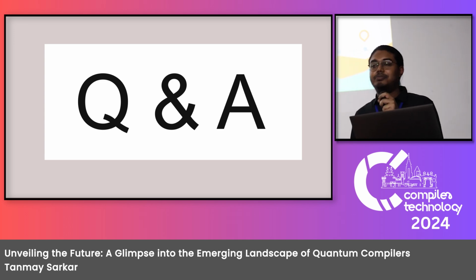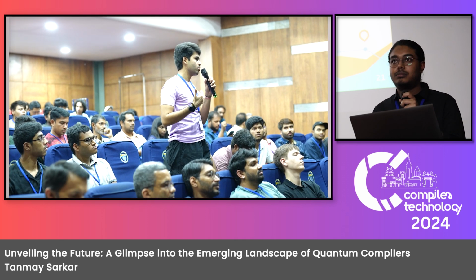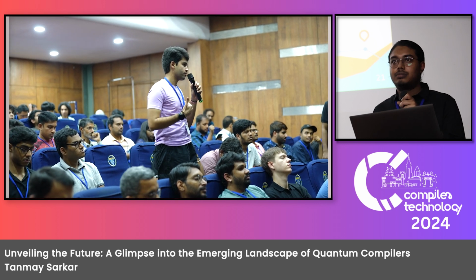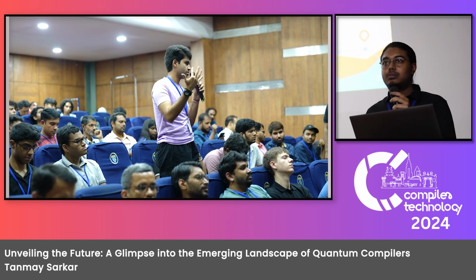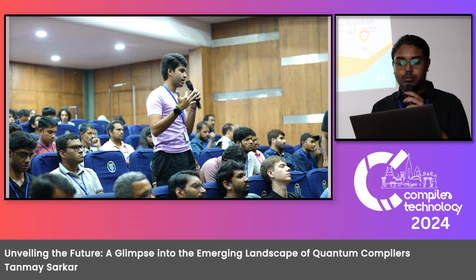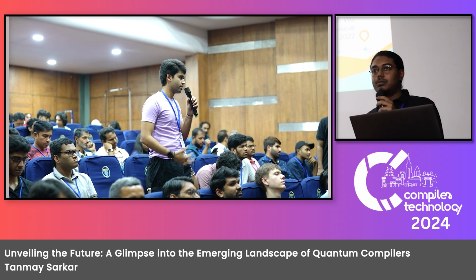Hi. A really nice talk. I just want to ask how much time is remaining to achieve the ideal abstraction for quantum computers? For example, when you showed the slides which contain the gates, that's not the ideal abstraction which a programmer who doesn't know quantum mechanics would work with, right?